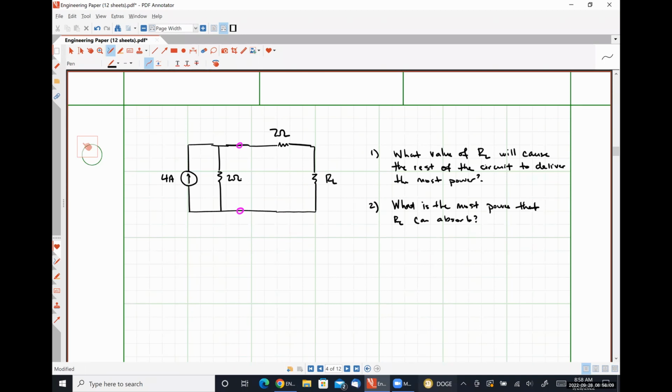Okay, so we're going to transform our practical current source into a practical voltage source, which would in turn place the 2 and the 7 in series. Okay, so tell me how to do that. Tell me how to change this practical current source into a practical voltage source.